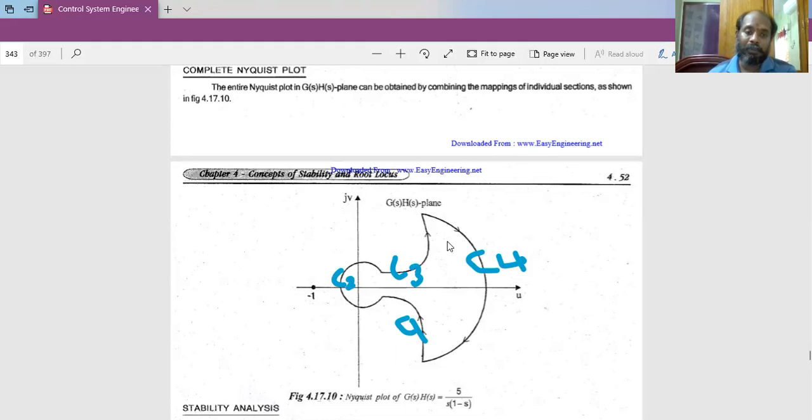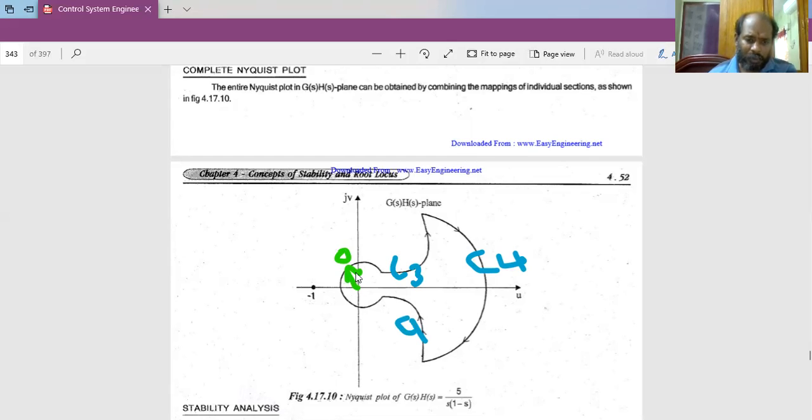Now comment about stability. Since the radius of this particular contour, how much it is? This radius is 0. It's very minimum, very much lesser radius actually.